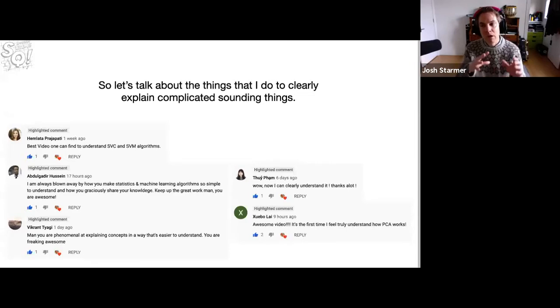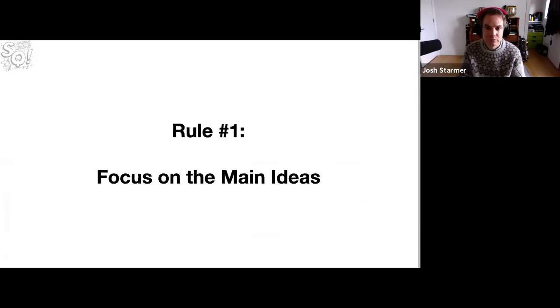And by the way, I'm making an effort to say complicated sounding things instead of saying complicated things, because most complicated things are complicated simply because they sound complicated. For example, neural networks sound complicated, but they're actually deep down inside, underneath a lot of terminology, pretty simple things. And so we're going to talk a lot about that today.